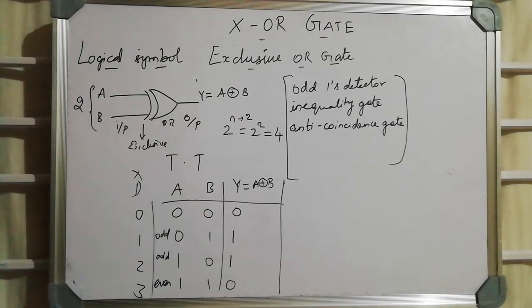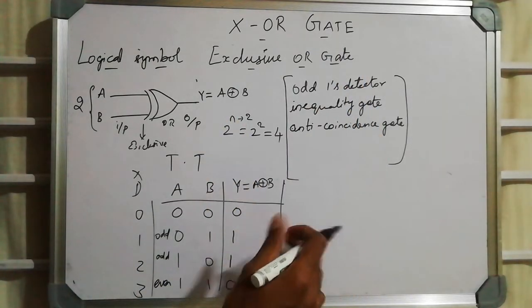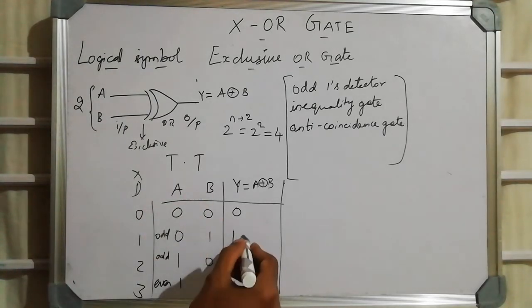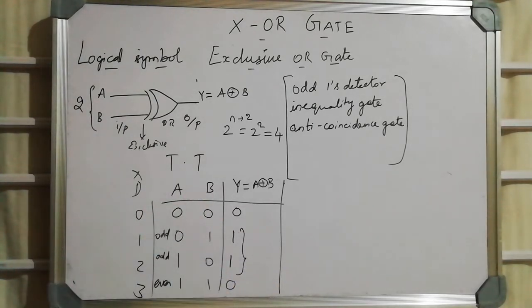Now we will find the Boolean expression for this truth table. When writing the Boolean expression, we take only the rows where the output is 1.